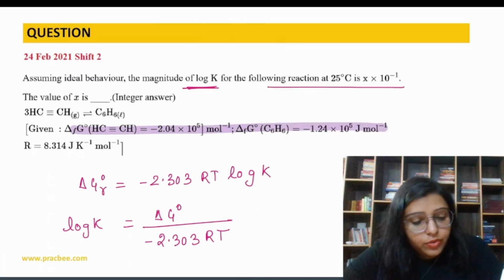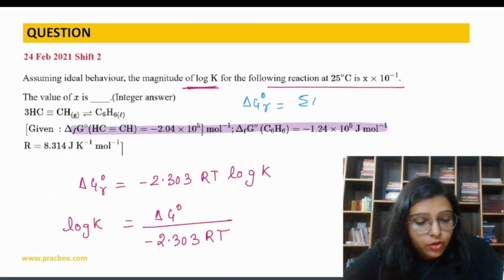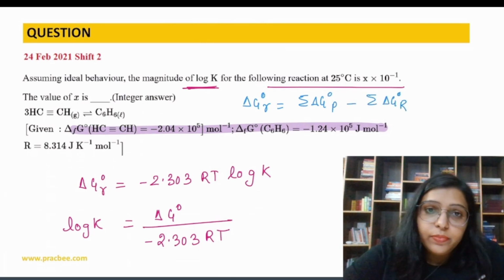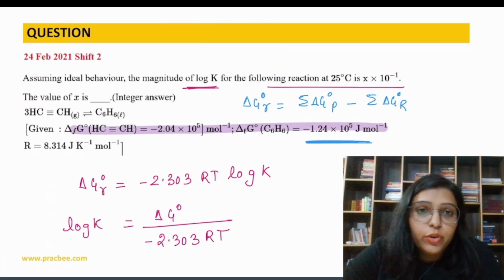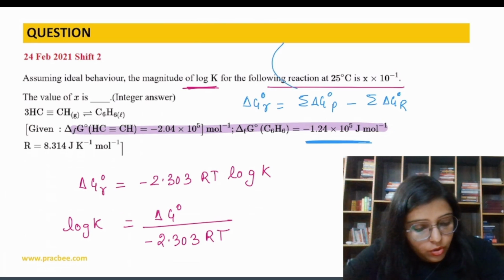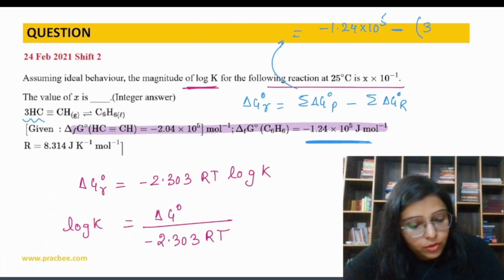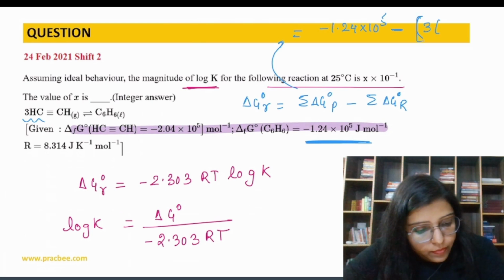So what we are going to do? We are going to calculate delta G naught of reaction. How? Summation of delta G naught of products minus summation of delta G naught of reactants. Okay. So in products we have liquid A, and for liquid A it is given minus 1.24 into 10 to the power 5. Then minus 3 into Gibbs free energy change, which is minus 2.04 into 10 to the power 5, that is per mole.